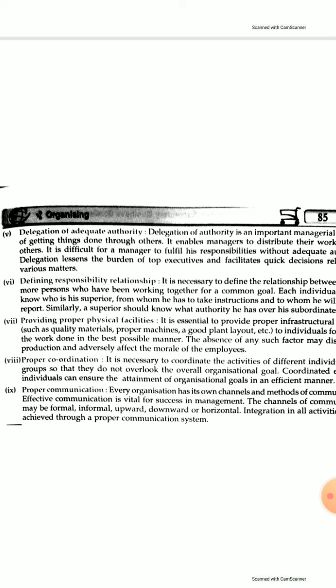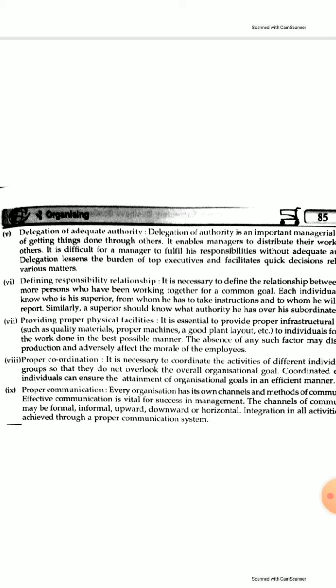Again, proper coordination is needed where there are many employees. The coordination must be done so that the individual goal does not overtake the organizational goal. So all the activities are combined in such a way that they will yield the organizational goal. Again, proper communication is the key to all the above steps.